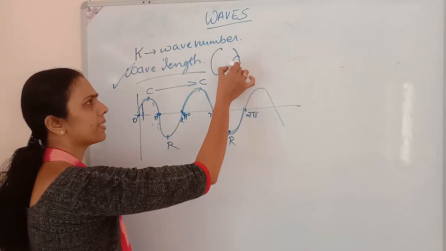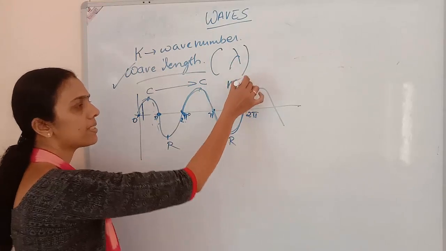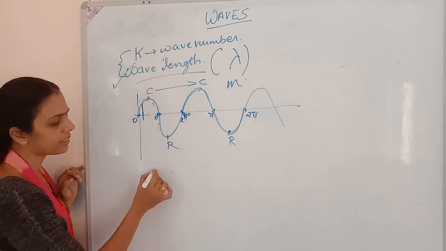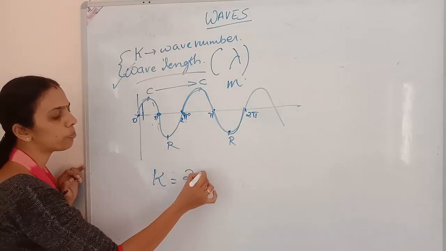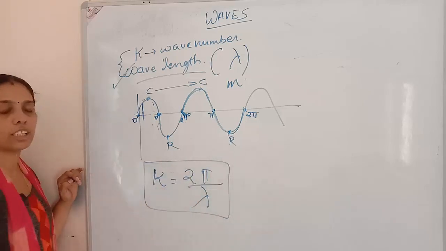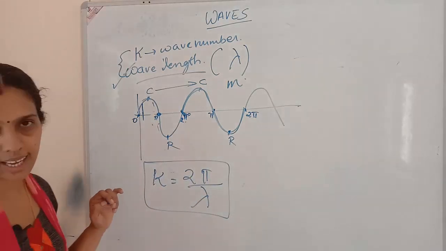It is represented as lambda, unit is meter. There is a relation connecting k and lambda: k equals 2 pi by lambda.